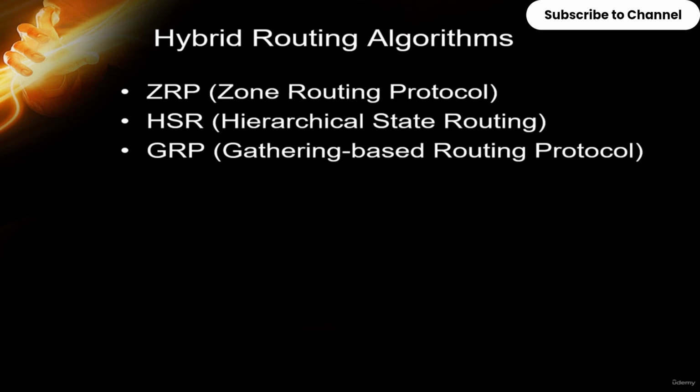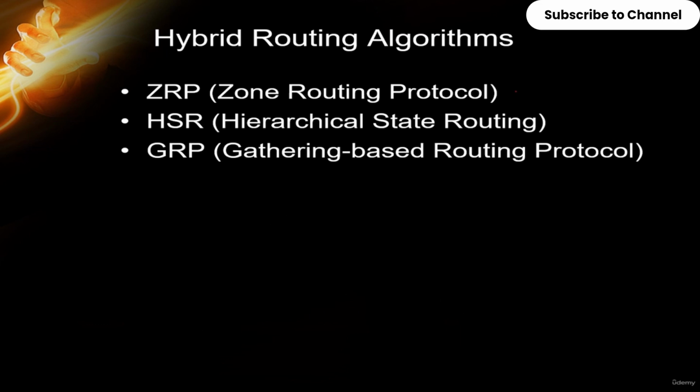So now we are going to discuss hybrid routing algorithms. In hybrid routing algorithms, first we are going to see the zone routing protocol. This protocol is based on particular zones. The regions are divided into zones, and it takes advantage of both proactive and reactive routing protocols.